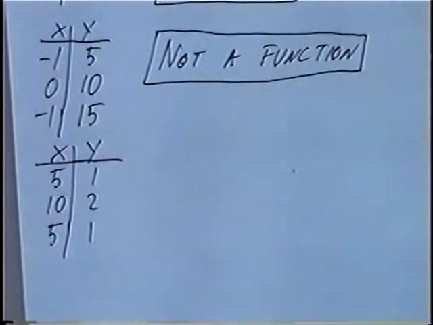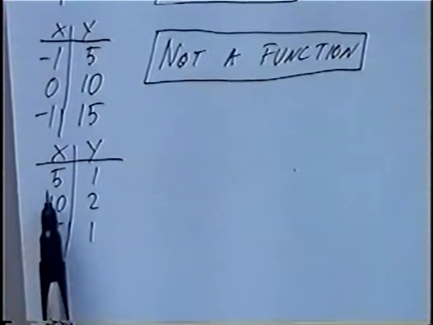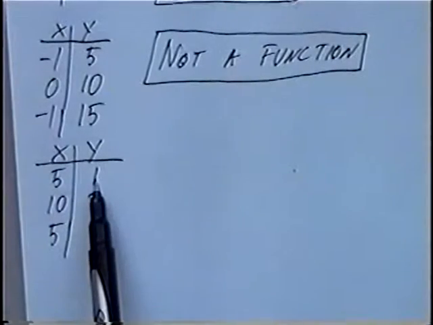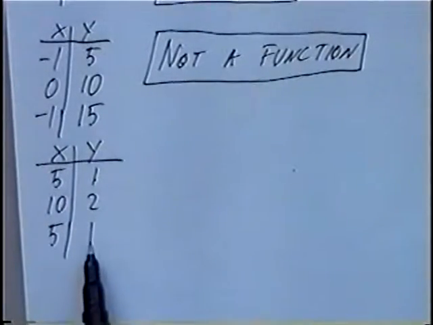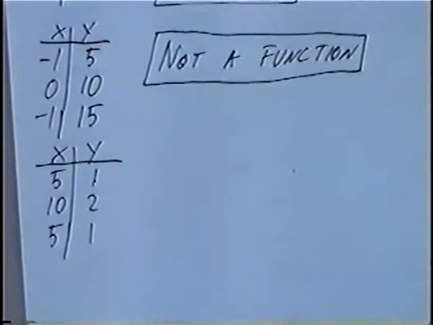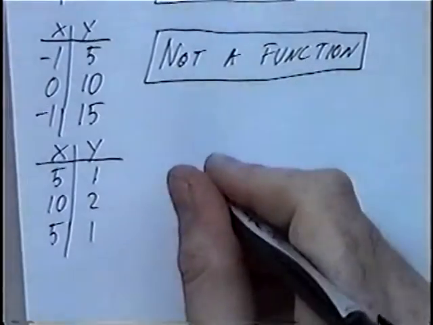Again, when looking at a table of values or using the one-to-one definition, every one x value has to have one y value. The x value 5 repeats. 5 has a y value of 1, and 5 also has a y value of 1. Having the same point means they go to the same y value, which is okay.